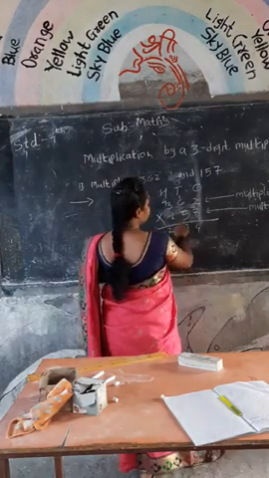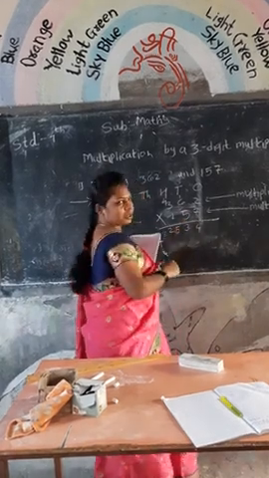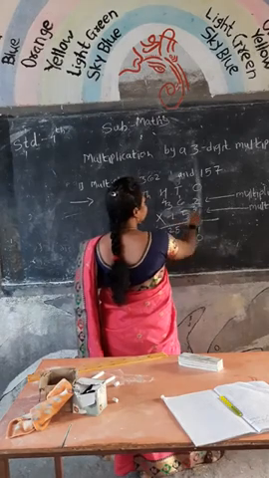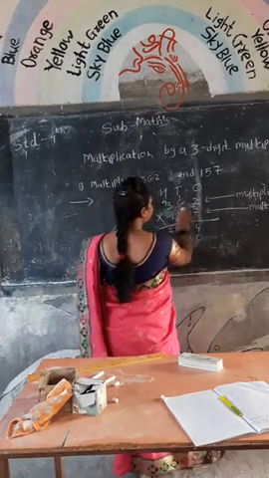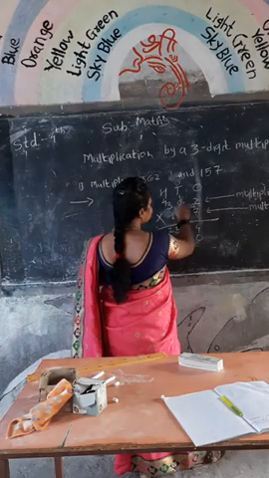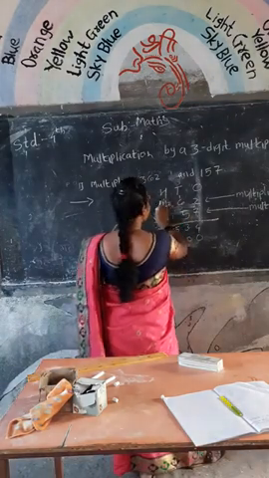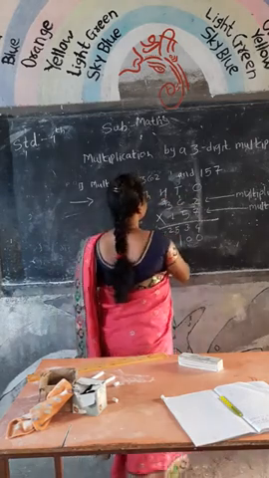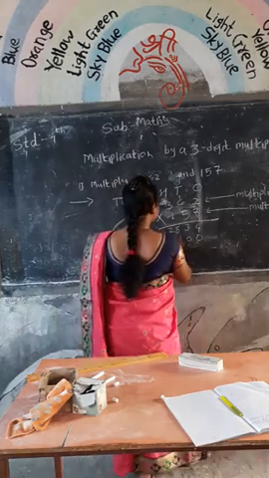Plus the multiplication starting from the tens place digit. Then take 0 at the ones place. 5 twos are 10. Carry 1. 5 sixes are 30. 30 plus 1 is 31. Carry 3 to the hundreds place. 5 threes are 15 plus 3 is 18.